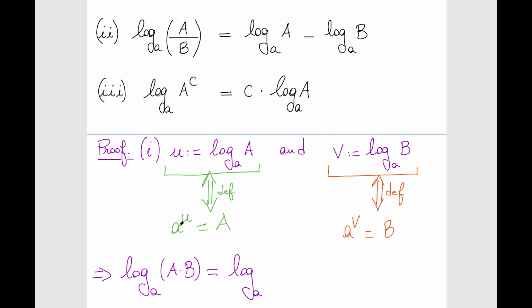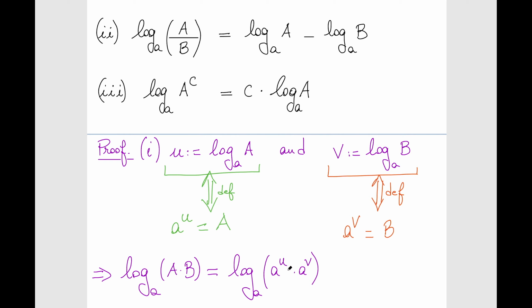It's little a to power u. And what's capital B? It's little a to power v. So capital A times capital B becomes little a to power u times little a to power v.